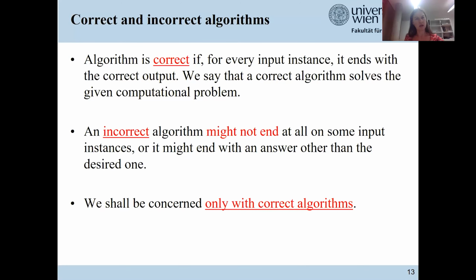An algorithm is correct when for every input instance, it ends with the correct output. Then we can say that our algorithm solves the given computational problem.